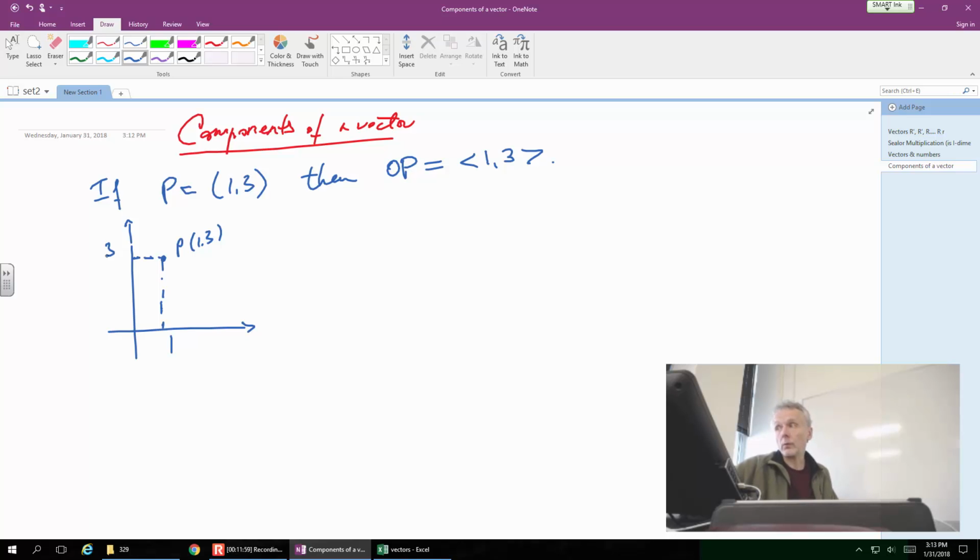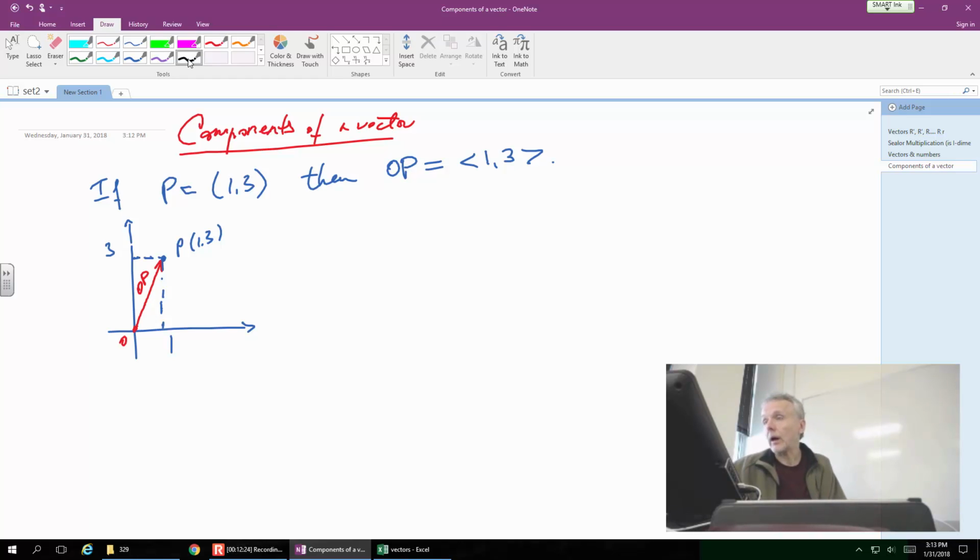Then what about the vector? This is my vector, OP. Certainly if two numbers determine the endpoint of the vector, with the initial point being the origin, then we only need two numbers to determine the vector. Okay, so that's the whole idea.